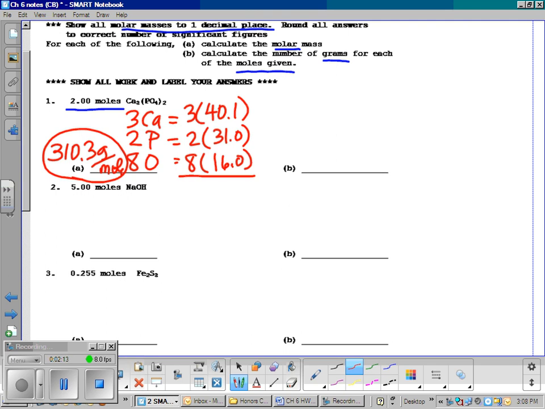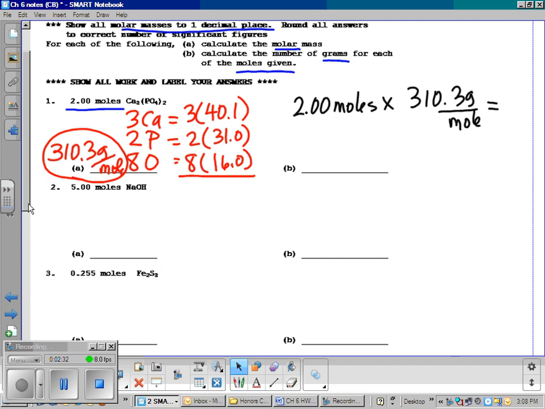Okay, so as I take a look at my mole map now, I'm ready to go. It tells us that we needed to take the 2 moles that we are given, and we are simply going to multiply by the molar mass, 310.3 grams per mole. And if you keep paying attention to those units, as I have been trying to stress with you guys, I have moles on the top, moles on the bottom, so I am given grams.